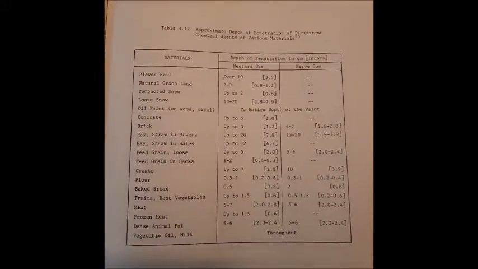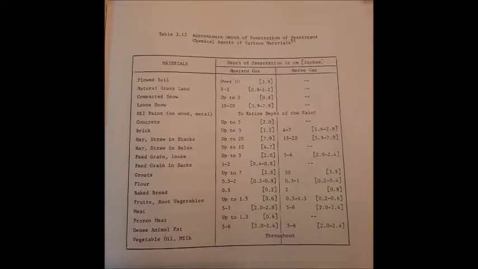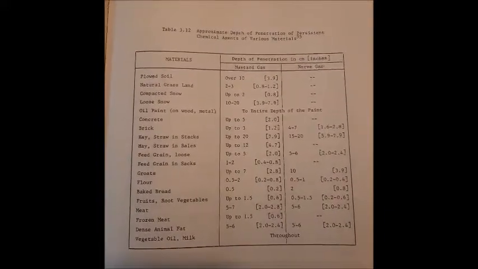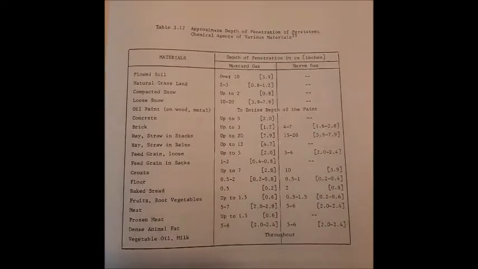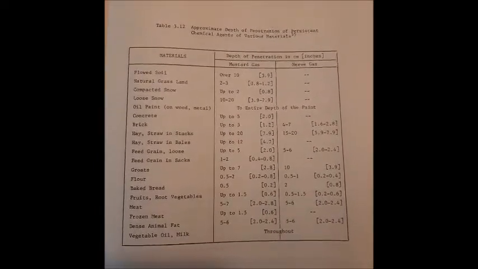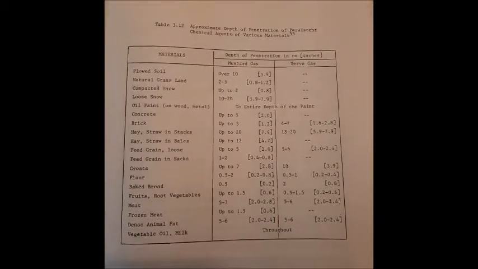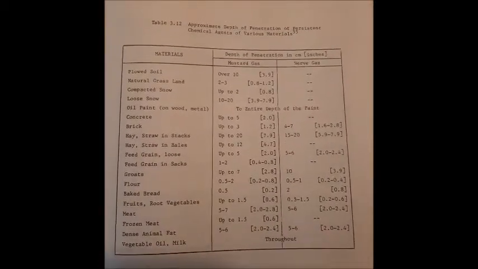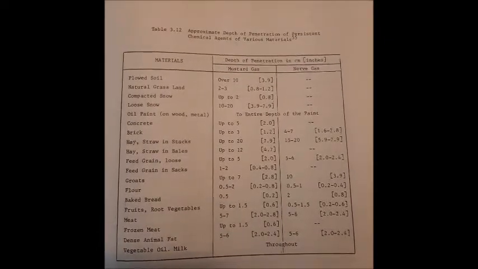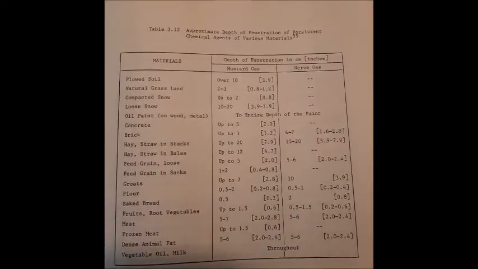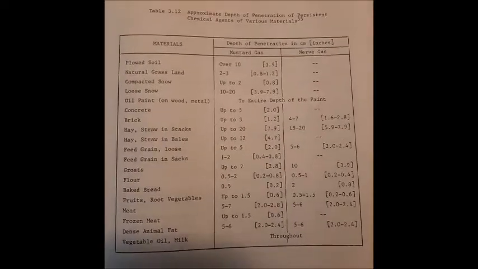This table is showing you how much penetration into the plant there would be with two types of persistent chemical agents. One of them is mustard gas and the other is nerve gas. So here, approximate depth of penetration of persistent chemical agents of various materials.